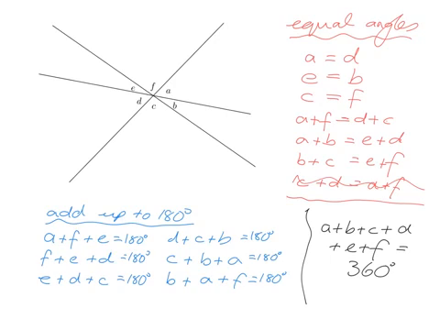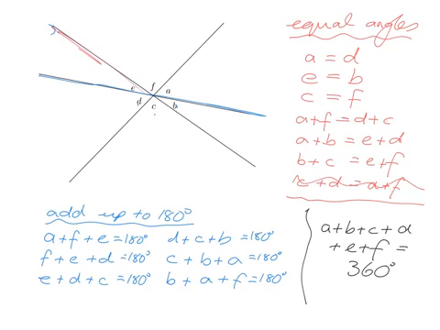What about the angles that add up to 180? Well, adding up to 180, we're looking at straight lines. If we take, for example, this straight line here, we're talking about A plus F plus E, and on the other side of it, D plus C plus B. So both of those add up to 180.